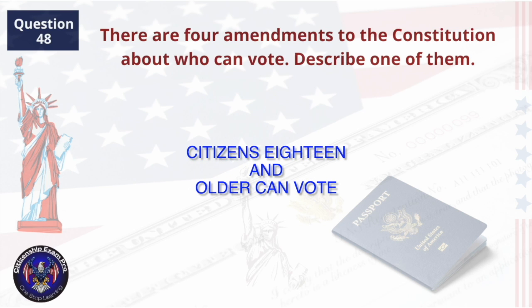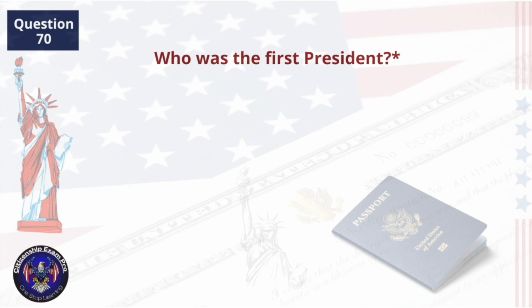Citizens 18 and older can vote. Who was the first president? George Washington.